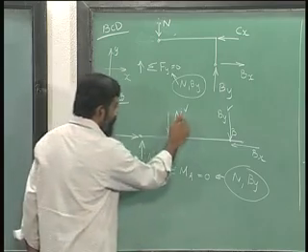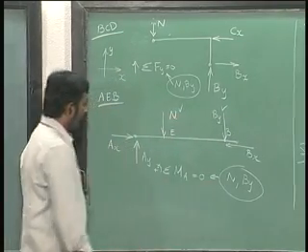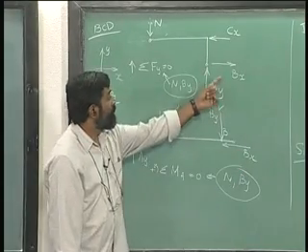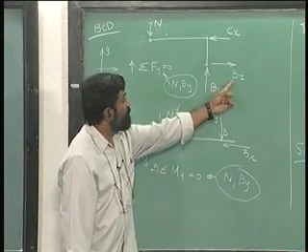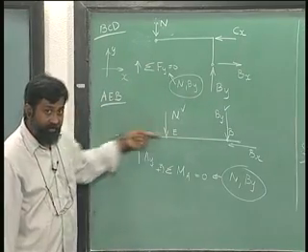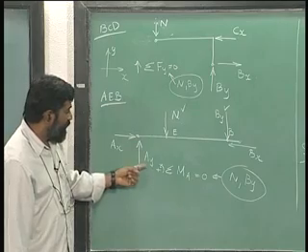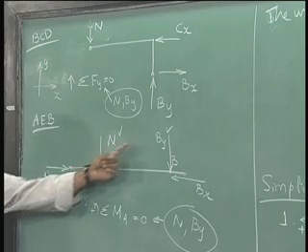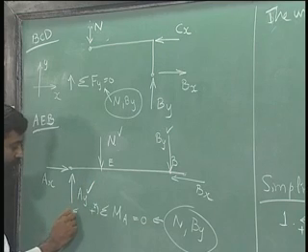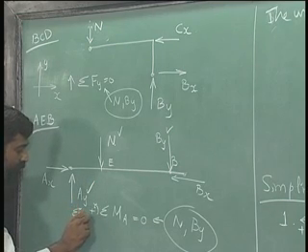Once I have solved for N and By, I am now left with Ax, Ay, Bx, in this case Bx and Cx. If I take the vertical equilibrium here, Ay can be solved for because N and By are already known. So I can solve for that by simply taking sigma Fy equals 0 here.